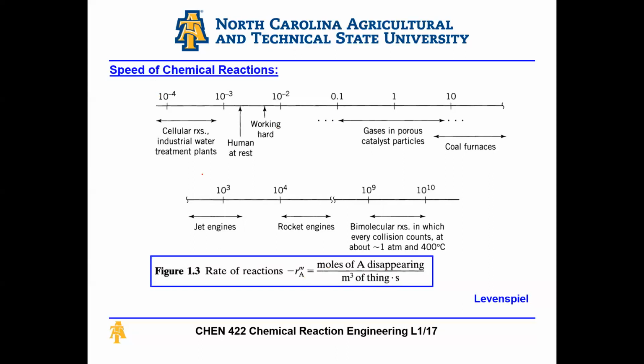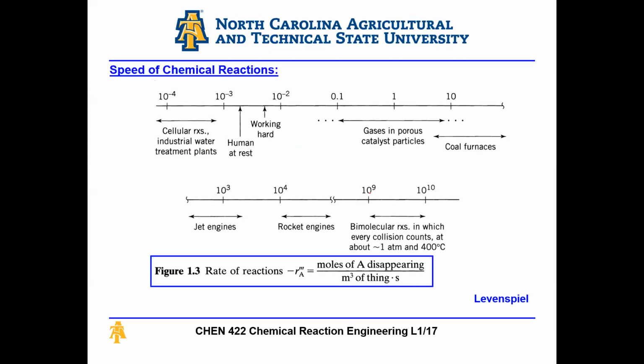For example, an industrial wastewater treatment plant is very slow. It's on the order of days: you get the water, throw it in a very large basin, and keep it there for a few days for all your biochemical reactions to occur before moving it on to the next step. So in this case, the reaction rate is very slow.